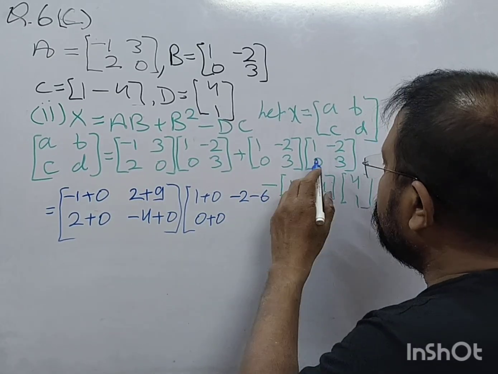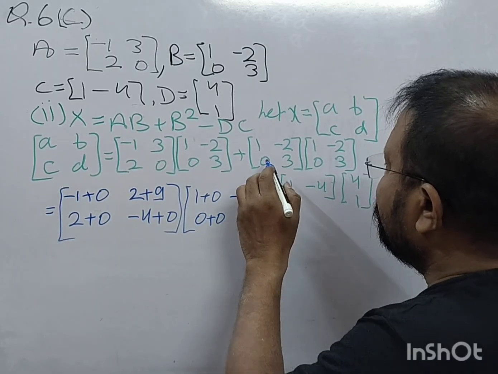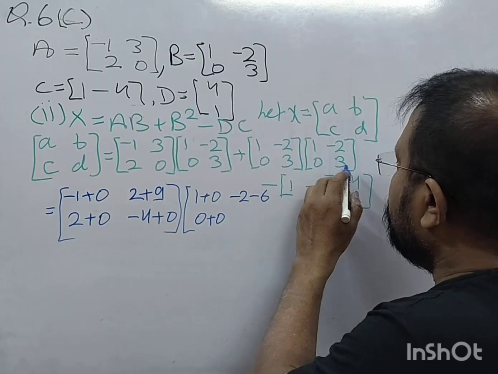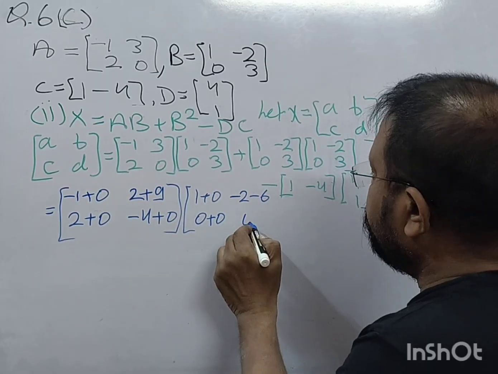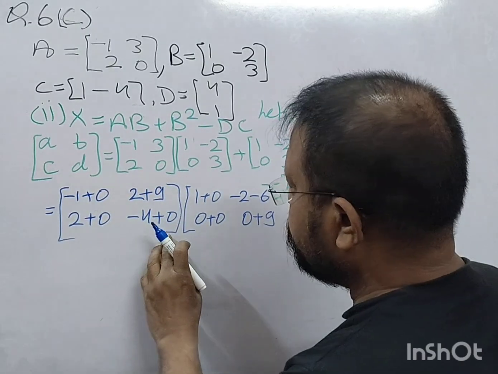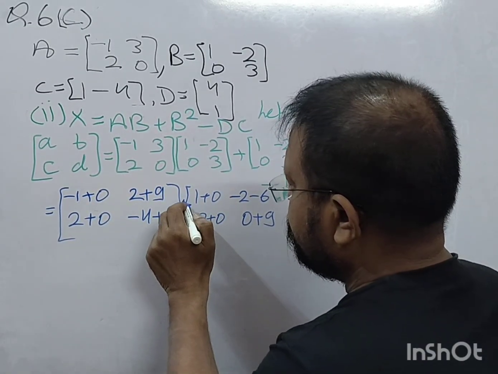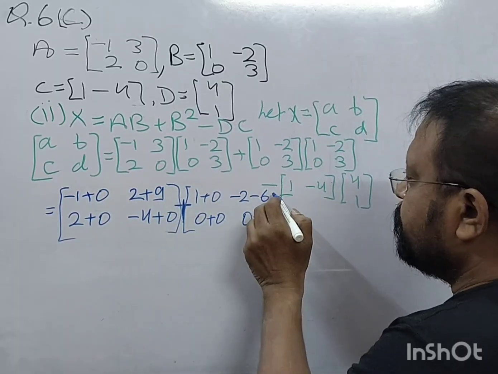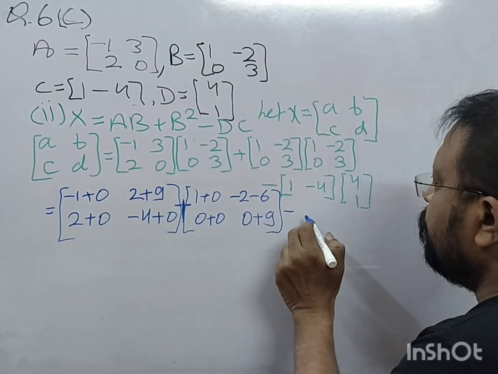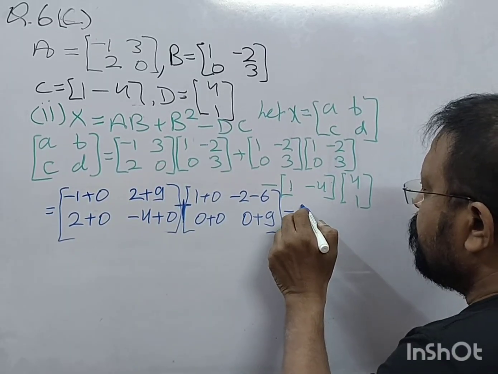And this is how much? Minus 6 plus 9. And minus 0, 0 plus 9. You get it? In between there is plus. And minus 1 into 4 is 4.